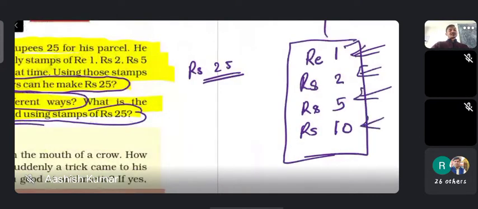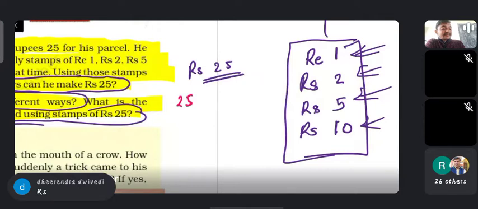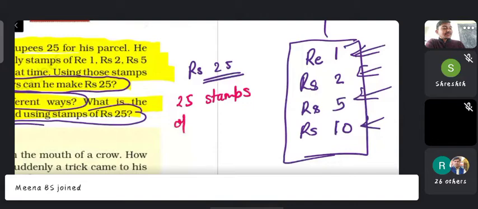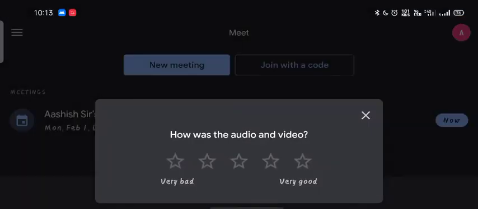To make 25, the first way is to put all 25 stamps of rupees 1.